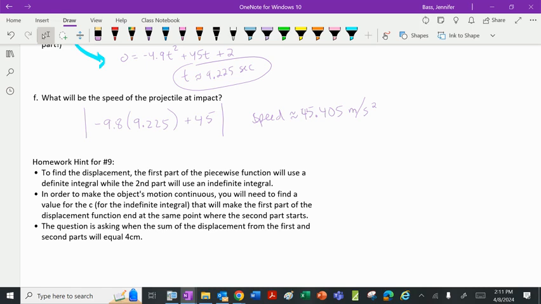In order to make the object's motion continuous, you need to make sure that your value for the C is the same number that will make the point where the second part starts and the first part ends match. You want it to be continuous. And then once you figure that out, they're asking you to find the area of the first part and the area of the second part and add them up and set it equal to 4. All right, good luck.